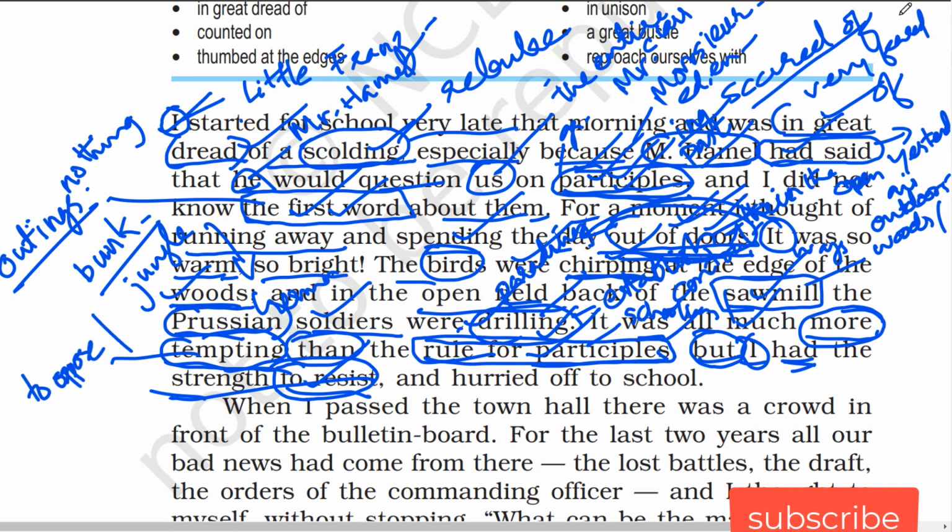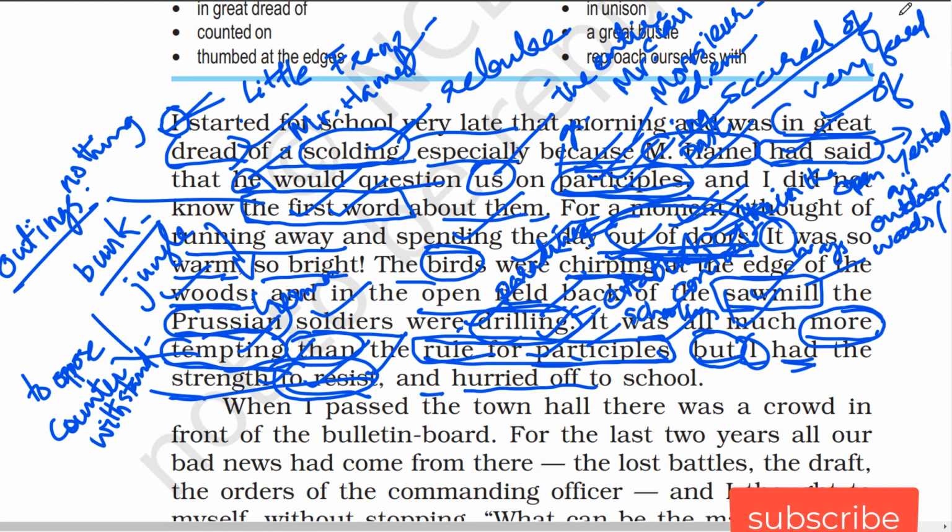To oppose this, or to counter that attempt, to counter that feeling, or withstand. So he had the strength to resist. He had the strength to withstand that temptation. He had the strength to oppose that temptation. He had the strength to counter that temptation, and hurried off to school.